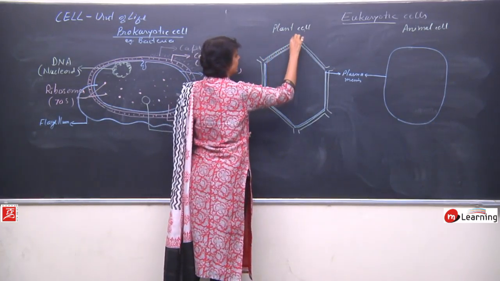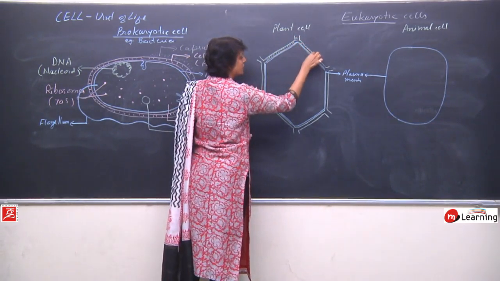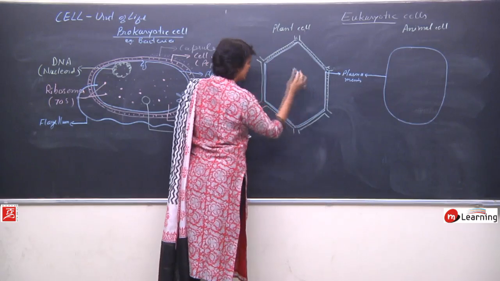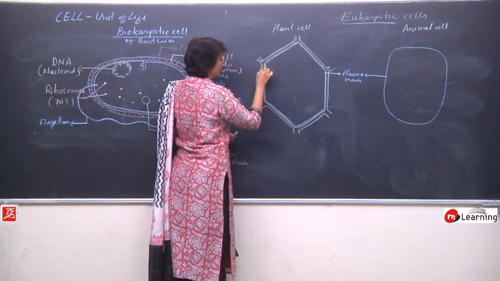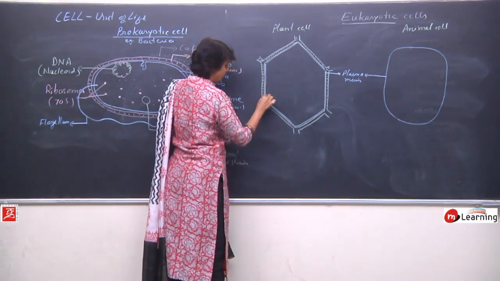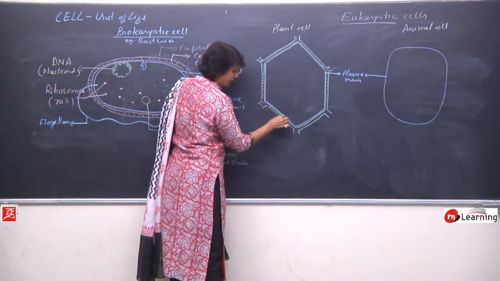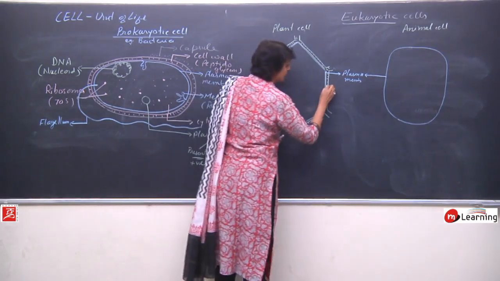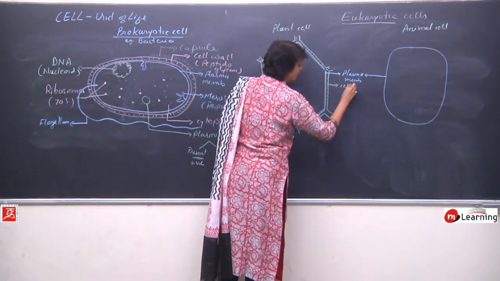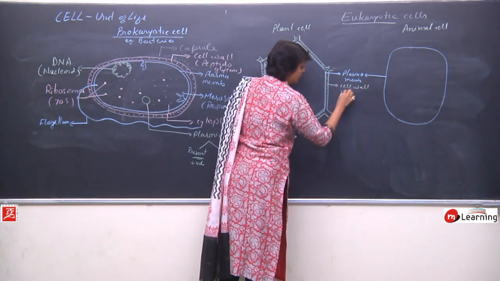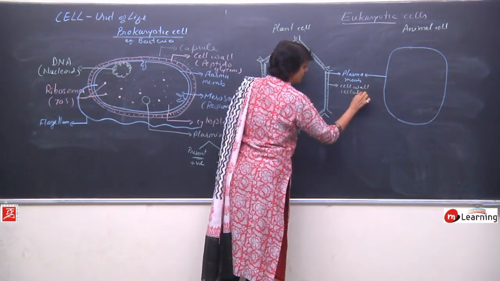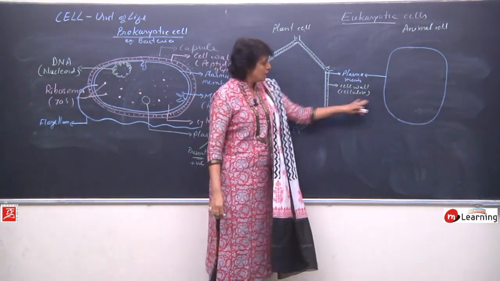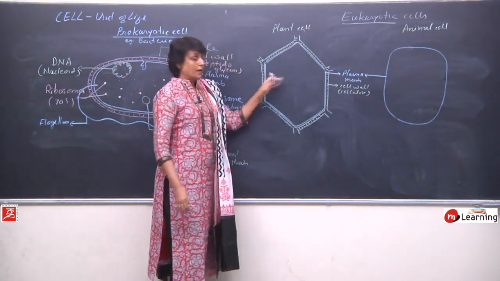It is absent in animal cell. So this is one distinguishing feature between plant cell and animal cell. In prokaryotes, there is a cell wall, but that is made up of peptidoglycan. This cell wall made up of cellulose is not present in animal cells, only in plant cells.